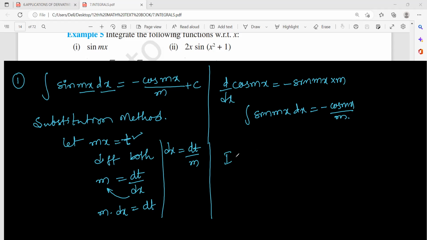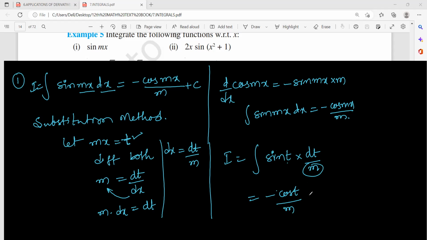Now I am writing the integration: sin of mx, taking mx as t, and dx becomes dt by m. The constant is as it is.